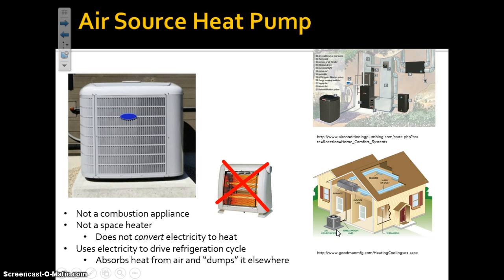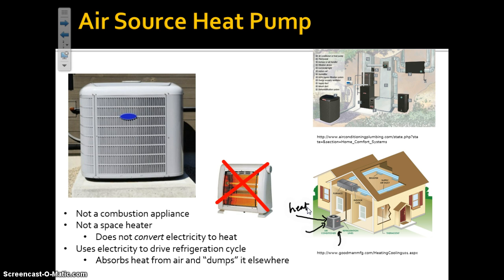If you are in heating mode, so let's say it's a colder time of year, what this exterior unit is actually doing is pulling heat from the outside air, and that's using the refrigeration cycle. So heat's getting pulled in.